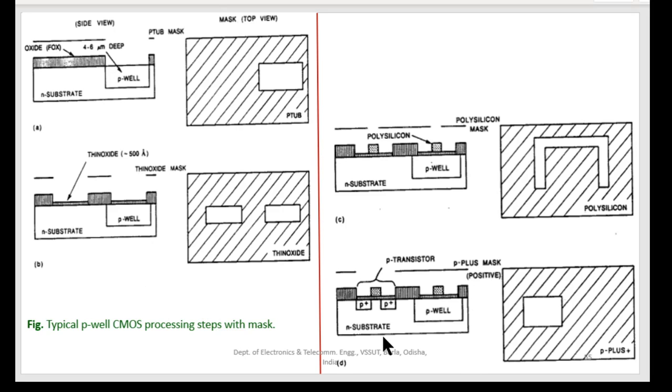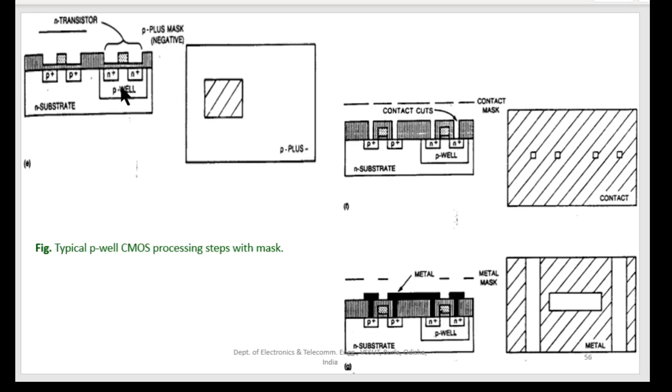So look at here, N substrate, P MOSFET, and P well or P type will contain N MOSFET. Okay, and the shape of these various masks is a matter of imagination. Just try to use your imagination, and you will be able to relate this with the top view of these substrates, right?